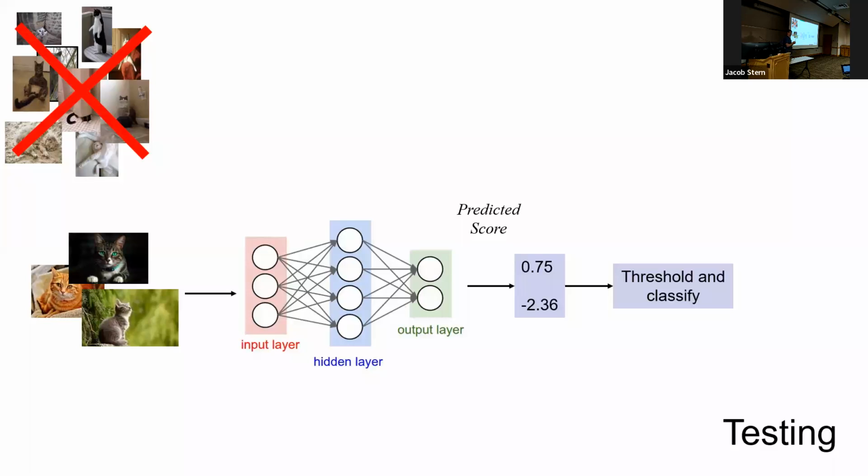Yeah, question. Yes, this is a good question. So when you test, does it ever change your model? You don't want it to, because when you train a network, you'll have a training set and a test set.